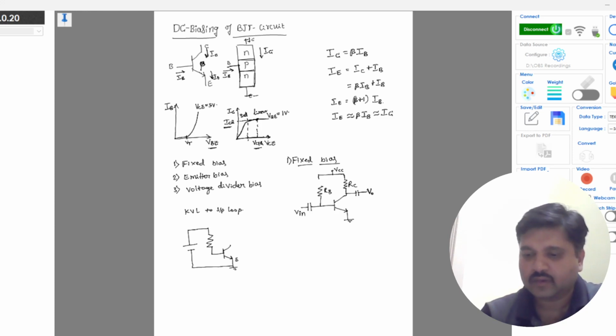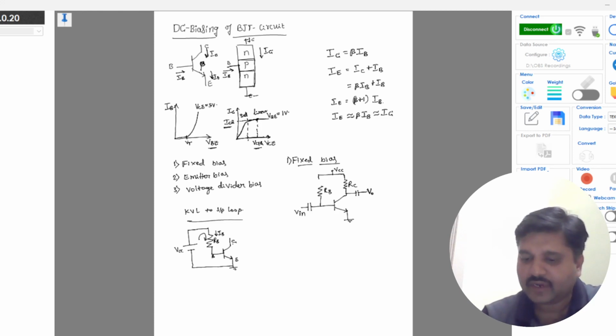This is emitter, this is base, and this is collector. Only RB will come into the input loop. This is VCC, and IB is the current flowing through it.